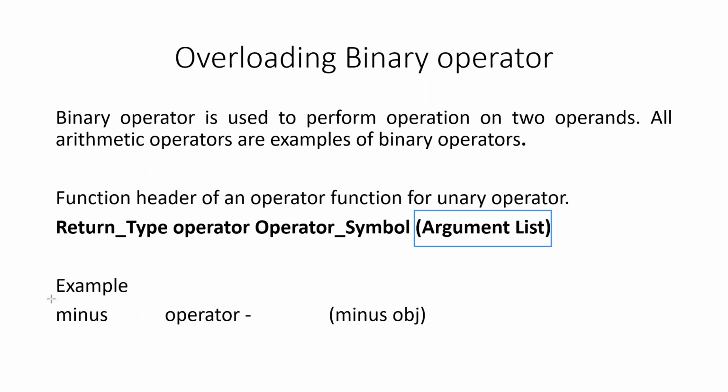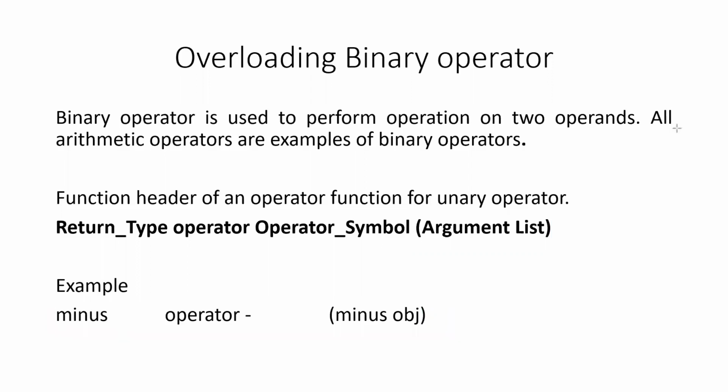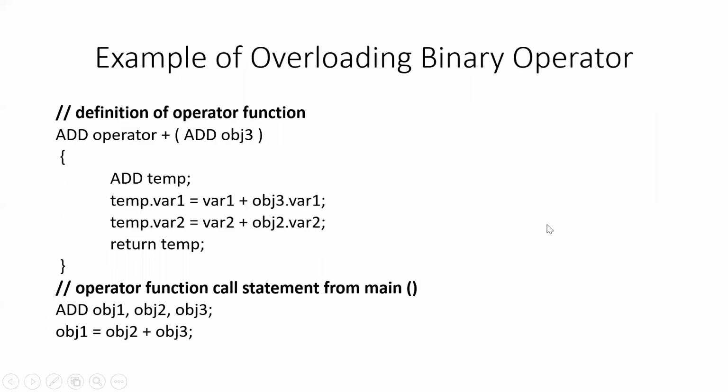As you can see in the example here, minus is the name of the class and an object of the minus class has been passed to the operator function. So let us see with the help of a snapshot of a program how we can overload the binary operator.